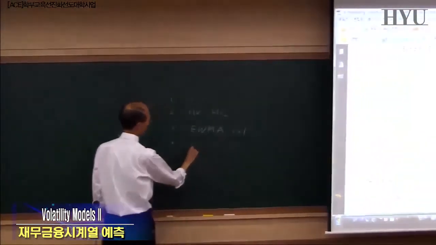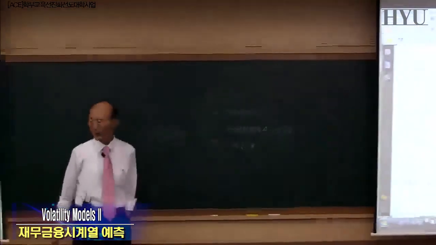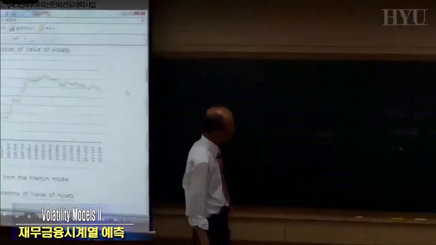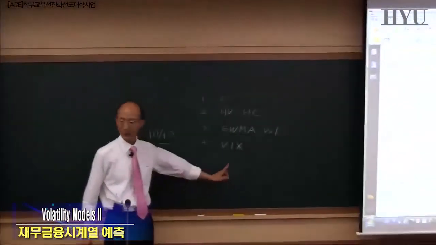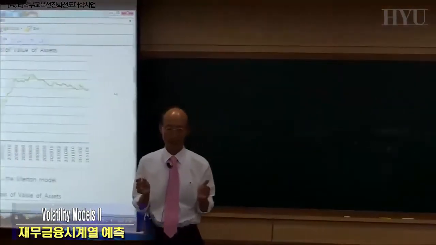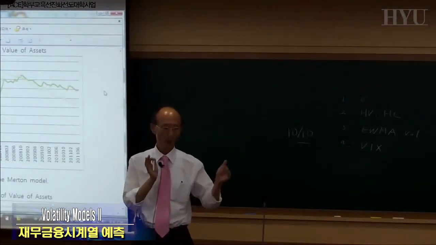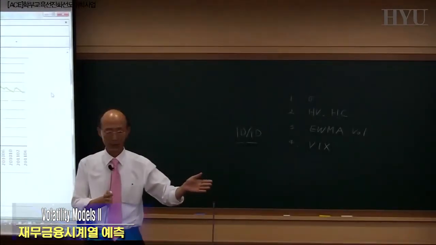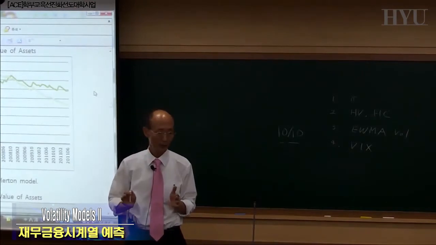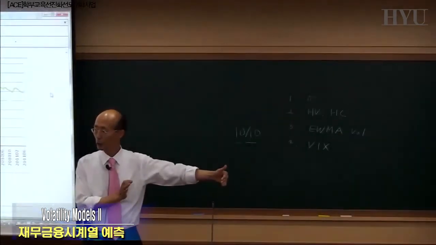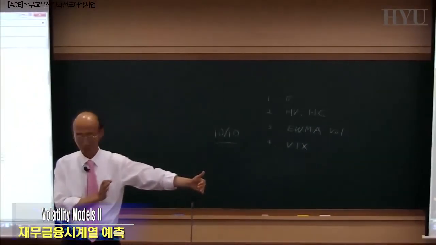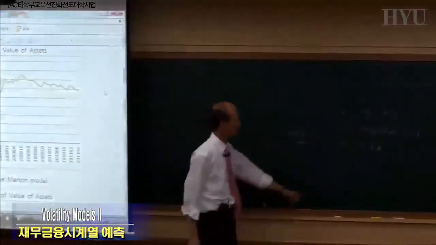Also, there is a thing called volatility index, VIX. Some people say it's a fear index because that measures the market's consensus about the volatility in the stock market, like S&P 500 or KOSPI 200, for the next 22 trading days or 30 calendar days. Okay, so that was one.